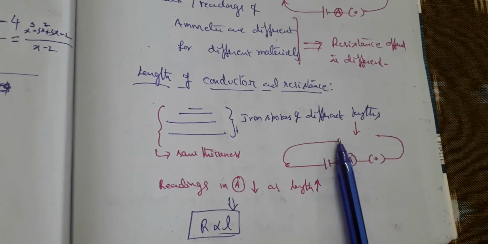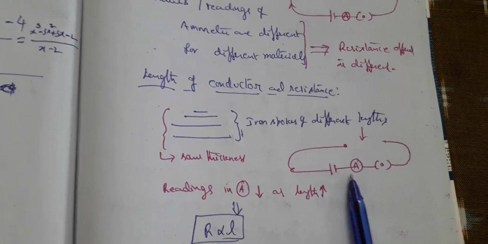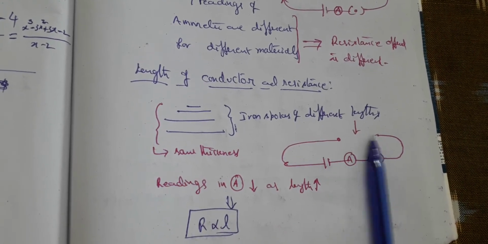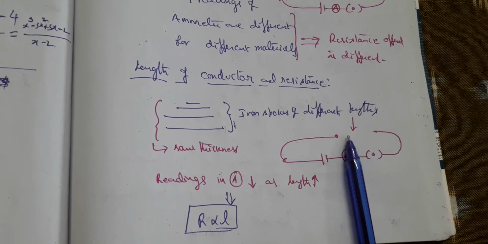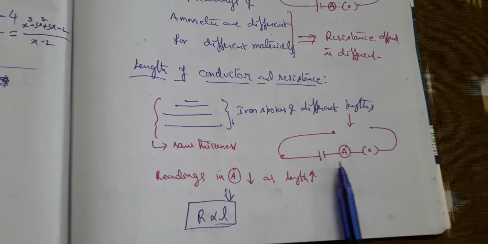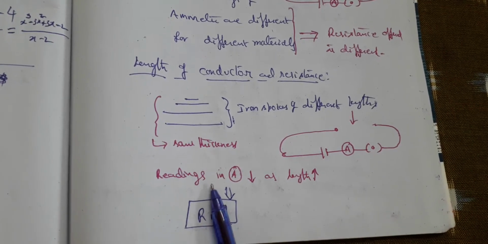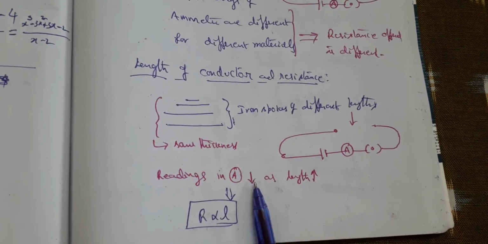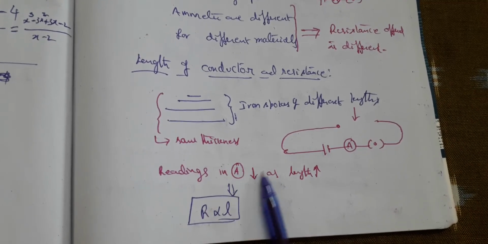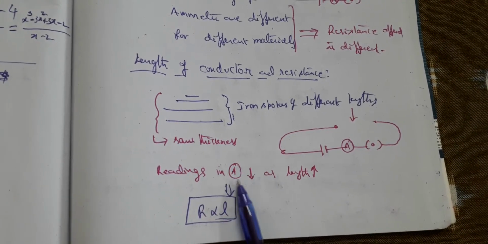Again the battery, ammeter and key are there, and in between the two points you can connect different spokes of different lengths. For every length you take a reading in the ammeter. When you observe the readings, you can see that the ammeter reading decreases as the length increases. That means the current is decreased.